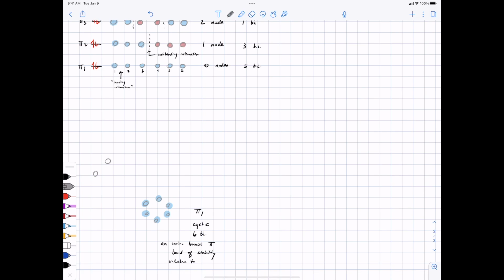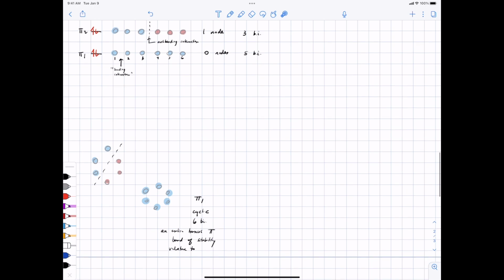So we'll draw an orbital like this. You have 3 of them with one wave function sign, 3 of them here, and you have a node that basically spans the space between these 2 atoms and these 2 atoms. Okay, so just one node.